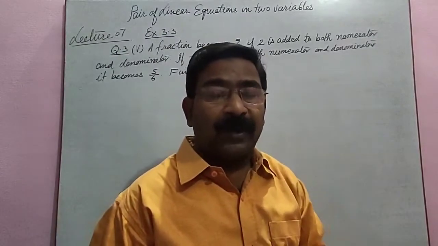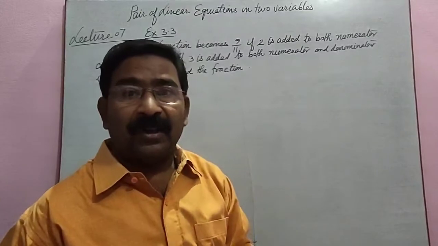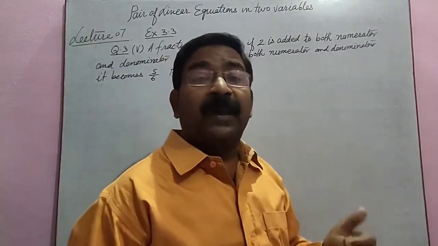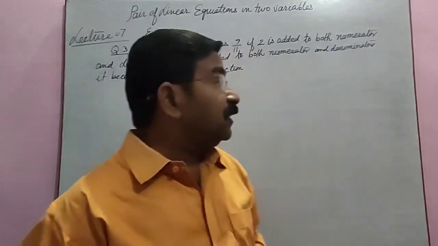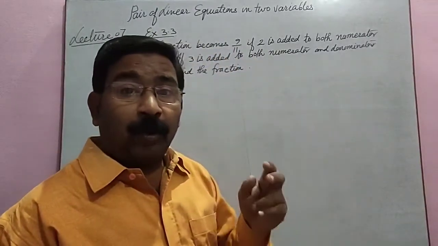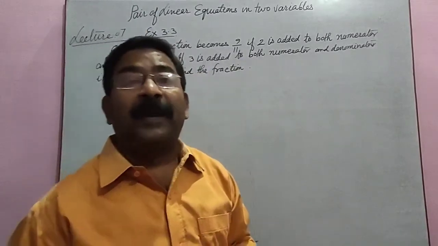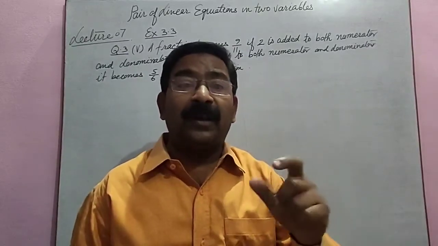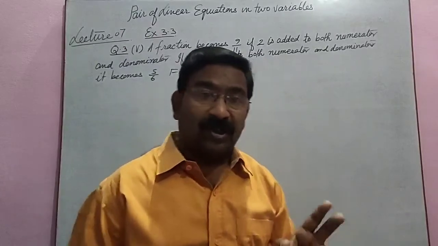So this is a check point. Second important point, both the numerator and denominator must be co-prime. Means there must not be any common factor between numerator and denominator. So these are two checkpoints when you solve the question.